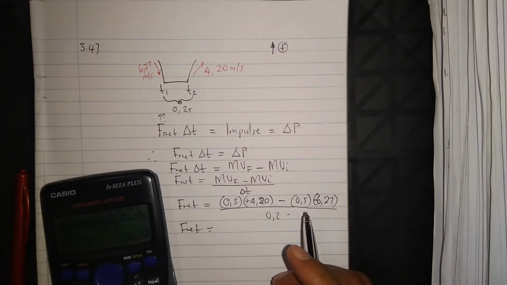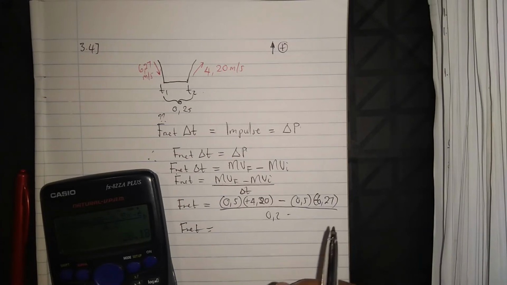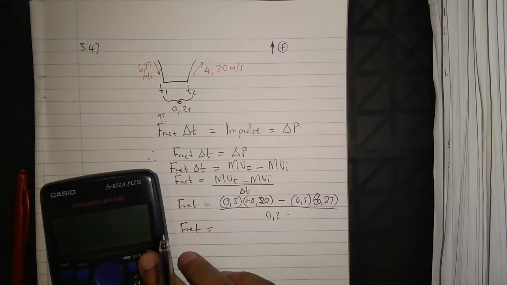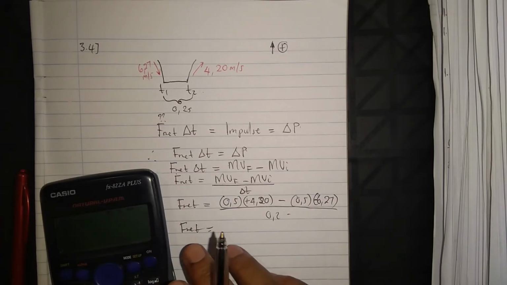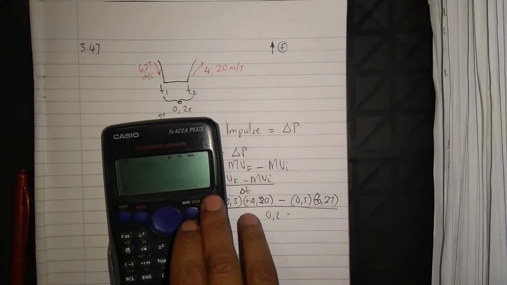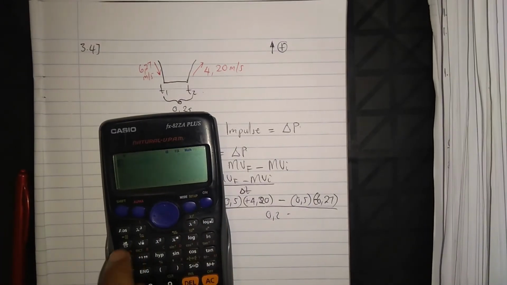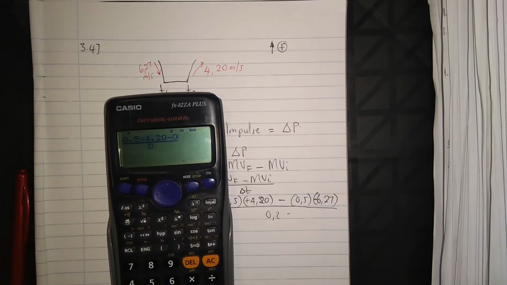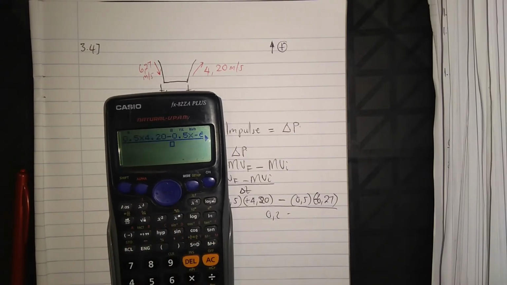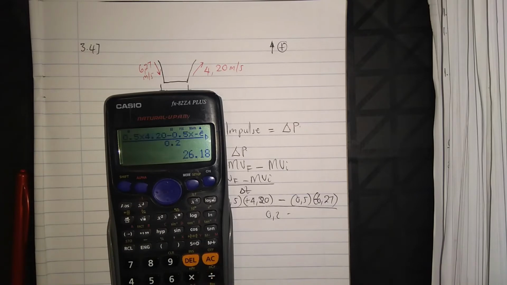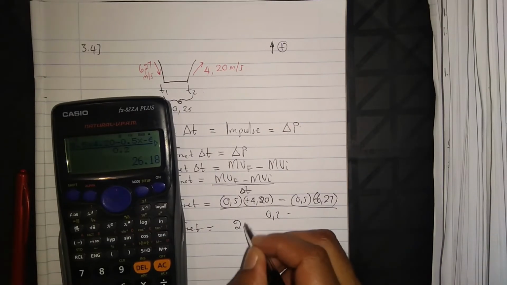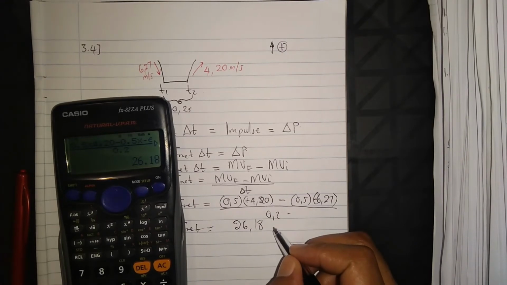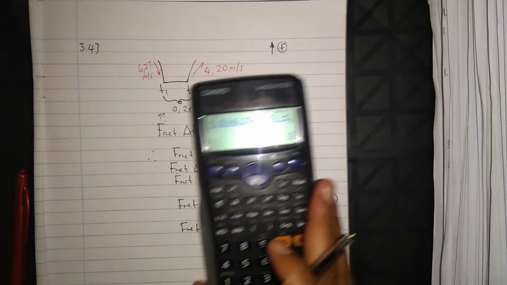In 2 decimal places, the answer is 26.18 newtons, and the answer is positive.